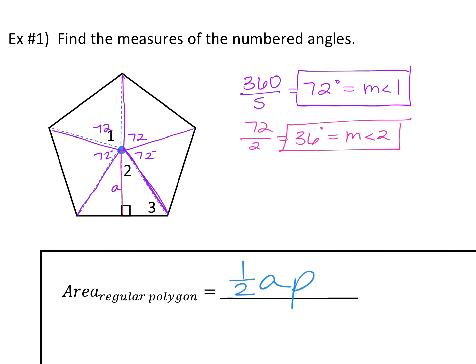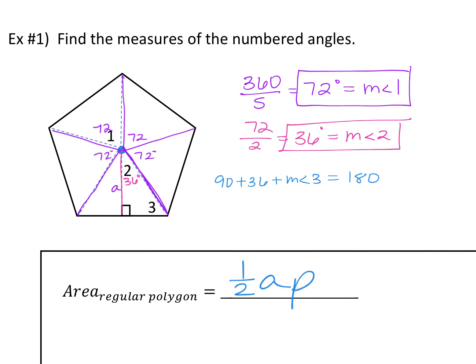How do you find the measure of angle 3? 180 minus 90 plus 36. Right, so you have a 90-degree angle, a 36-degree angle, and the measure of angle 3 that has to add up to 180.